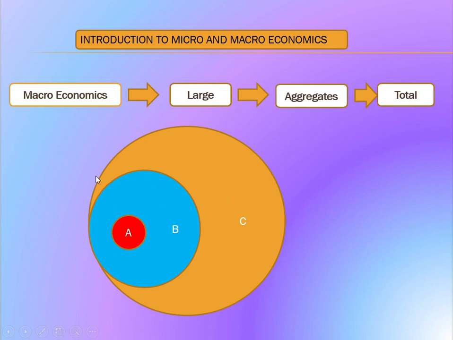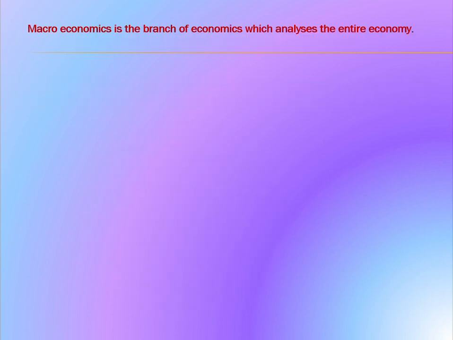But if you consider the area of C for study, you have to calculate all the economic activities taking place in the C area. It means your area is so large that it is considered macroeconomics. So, macroeconomics can be analyzed by the study of the entire economy.